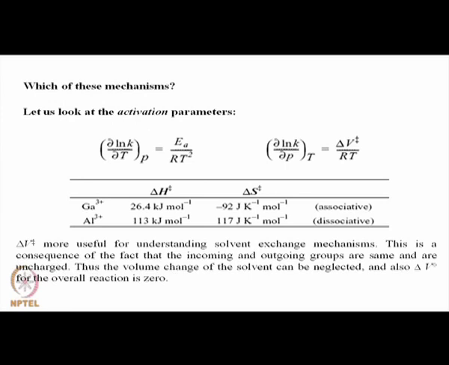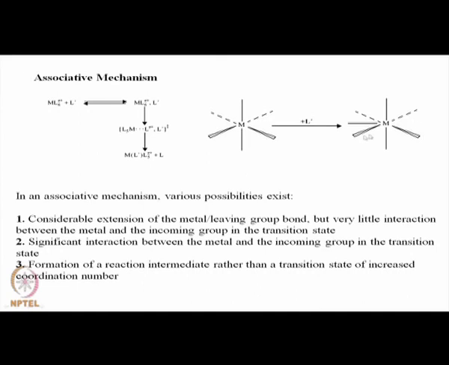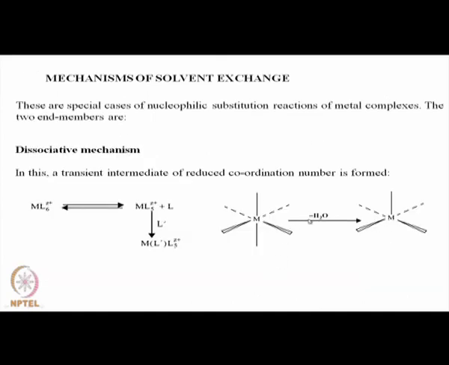Which of these mechanisms, how can we judge whether it is an associative mechanism or a dissociative mechanism? Now again, you see that in this case your water is lost, so you generate a species, a single species to a double species, I mean this plus water, or maybe this plus ligand.